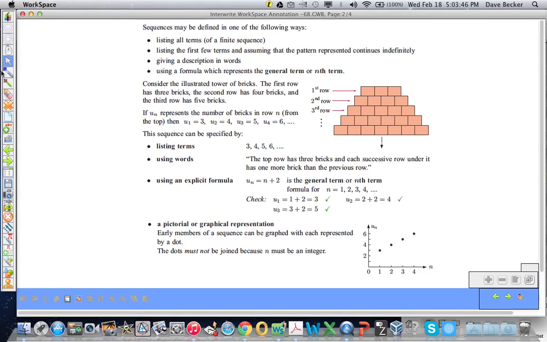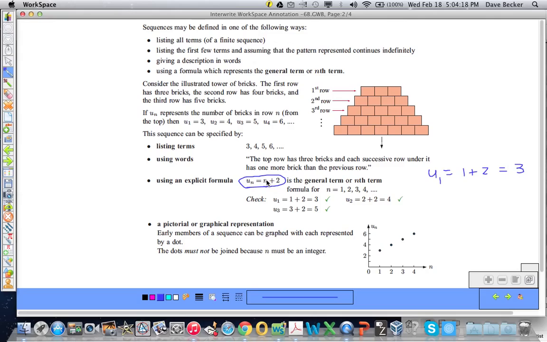For example, it seems kind of weird because there's three terms here. The general term is right here. U sub n equals n plus 2, because I can get whatever term that I want in the sequence, okay? So u sub n equals n plus 2. So that means that u sub 1 would equal 1 plus 2, which is equal to 3. 1 plus 2 is 3.